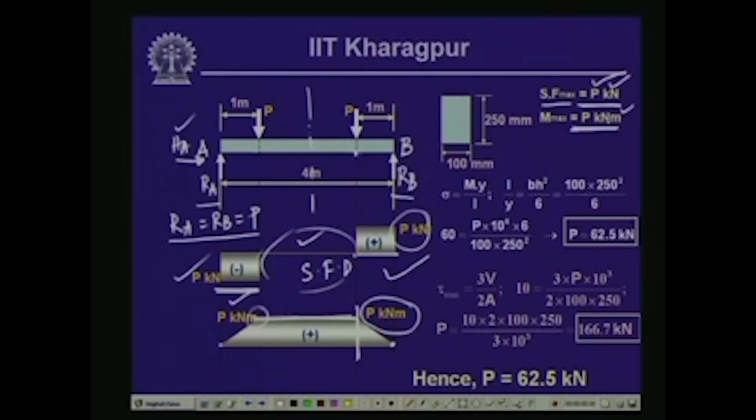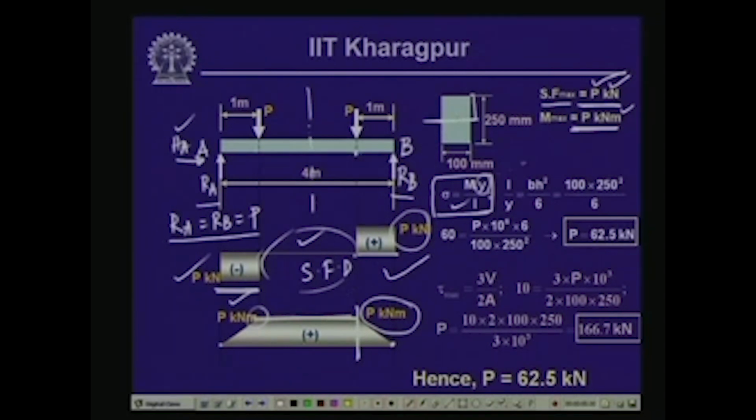Now, as we know, the bending stress sigma is equal to M y by I, where M is the bending moment or the maximum bending moment that is acting in the beam, y is the furthest point from the neutral axis, which will give you the maximum stress either top or the bottom, and I is the moment of inertia of the cross section with respect to the neutral axis.